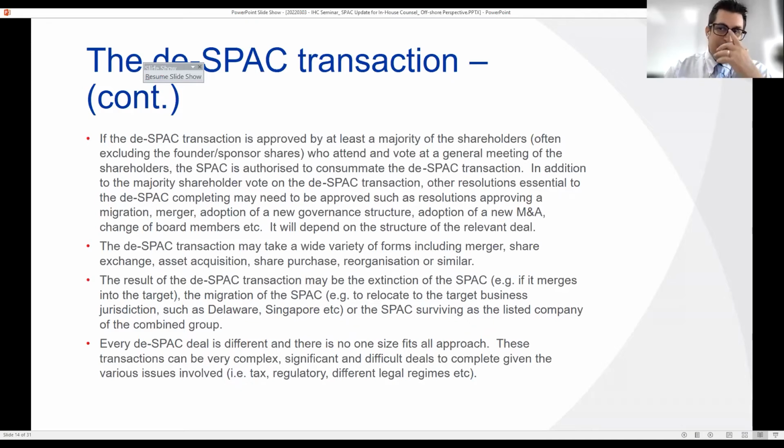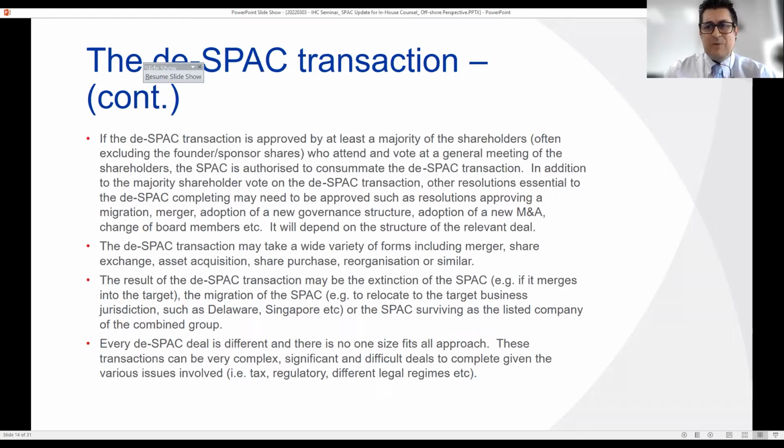The Cayman company may look to migrate to Delaware and become a Delaware company. And then following that migration, may look to take some corporate actions. It may look to change its constitution to be a Delaware-friendly constitution, appoint new directors, adopt some new corporate governance policies, and pass a whole range of actions that would be appropriate for a company following a merger.